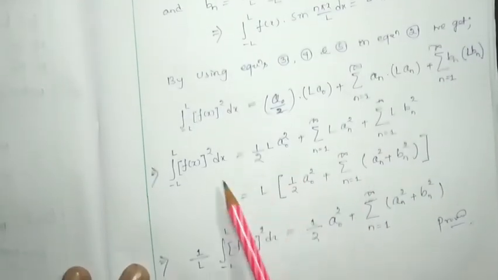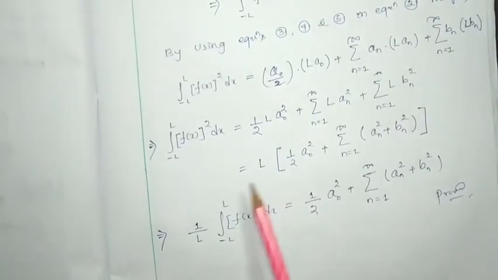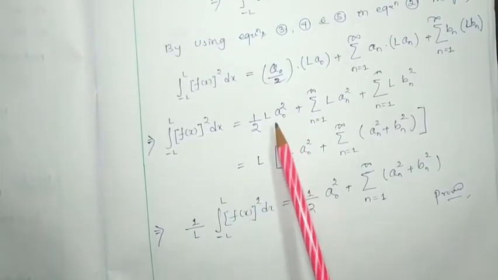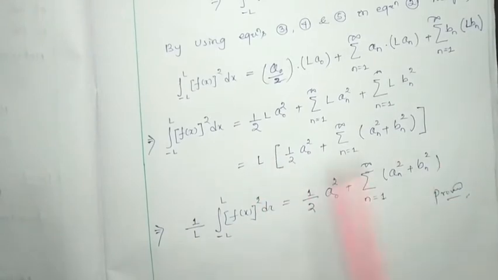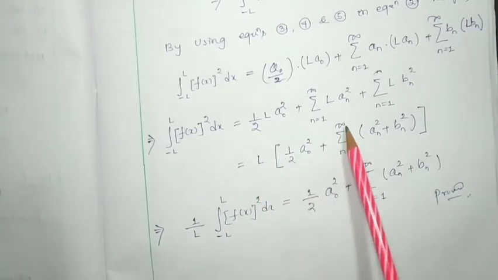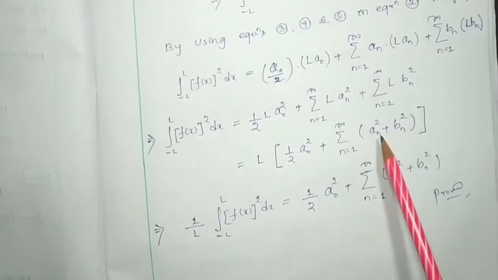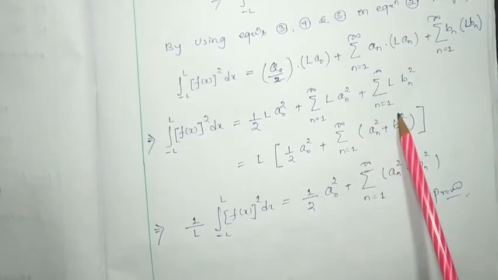So L can be taken outside as a common factor for these three terms. So L times the bracket 1 by 2 a0 square plus summation over n equal to 1 to infinity an square plus bn square.